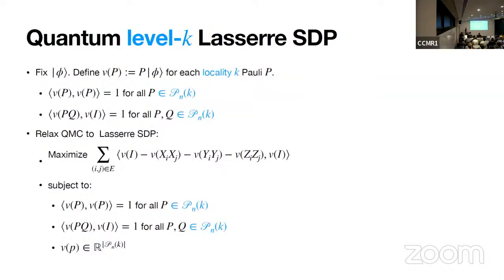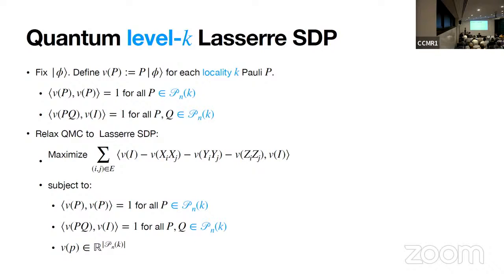Okay, now we can relax our original quantum max cut problem into this Lasserre. So write the objective function using the vectors v of p's I just introduced, and these will satisfy some constraints. If you're thinking in level k, the p's will be length k.